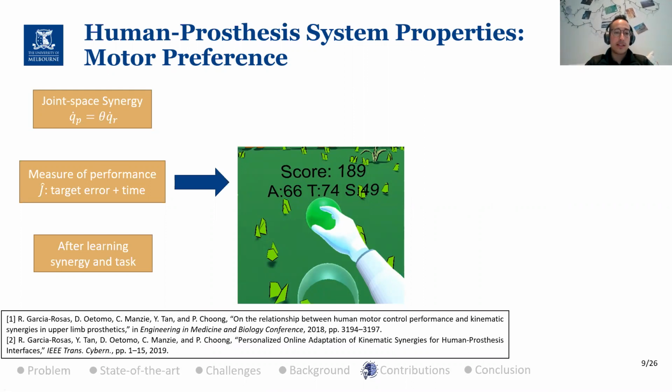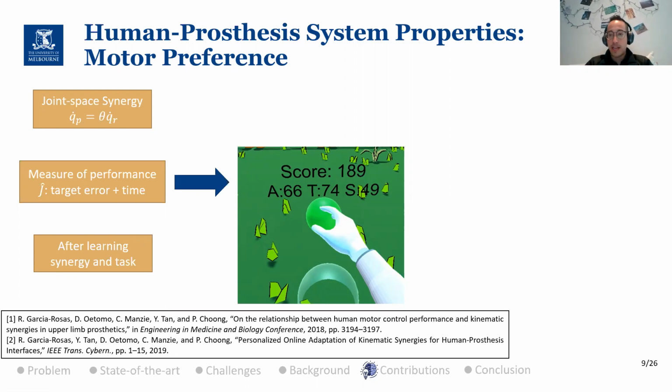We used a function of target error plus completion time as the measure of performance. And we got people to use the prosthetic device enough so they learned how to use it and had an idea of what they're supposed to do. One of the key things is that we had to present this measure of performance to people as a score, just so they know what they're being evaluated on.